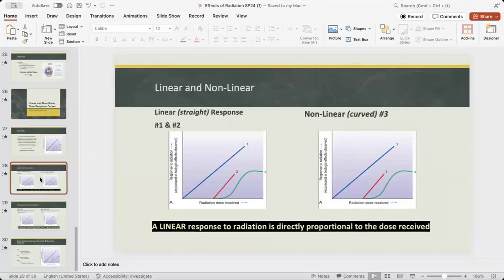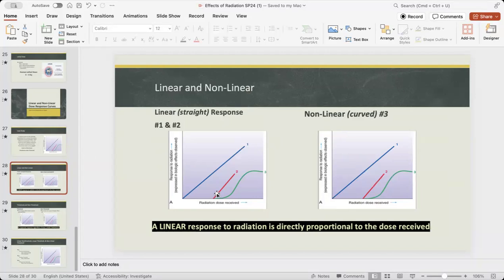So when we hear the terms linear versus non-linear, that's the term for the graphic representation. So linear just means you have a straight line on this curve. So you see with line 1 and line 2, there is a straight line.